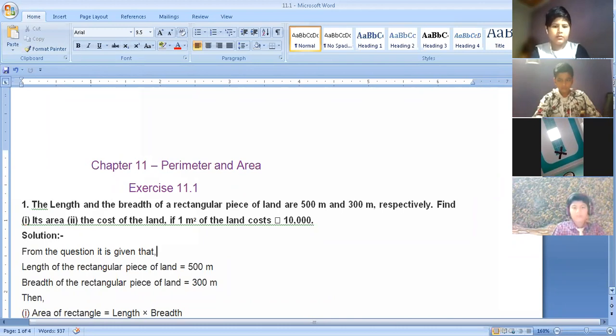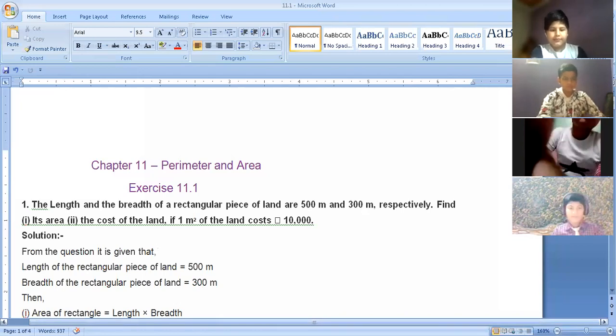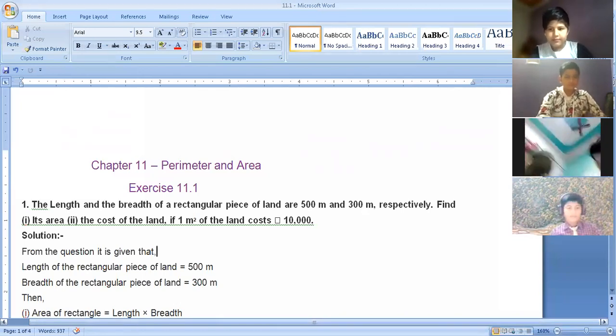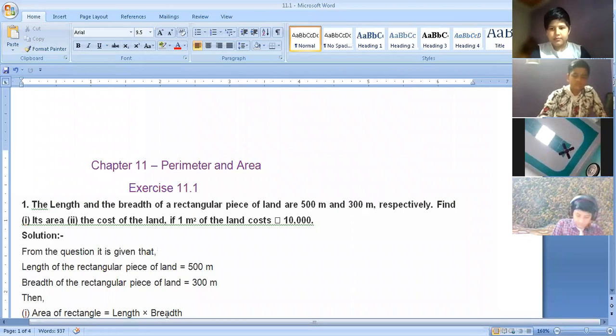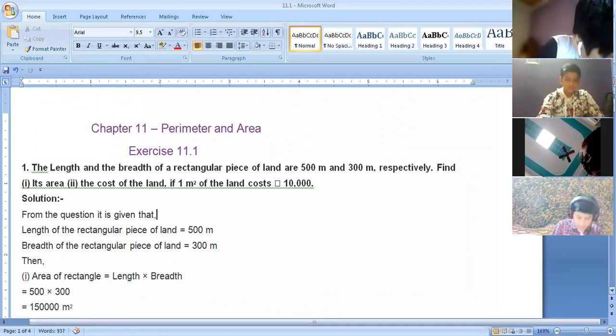Come on, children. When you are multiplying 500 with 300, how much will you get? 15,000. Not 1500, beta. 4 zeros will be there. 2 zeros from 500, 2 zeros from 300. So 150,000. That's right. Meter square. That will be the area of the rectangle.